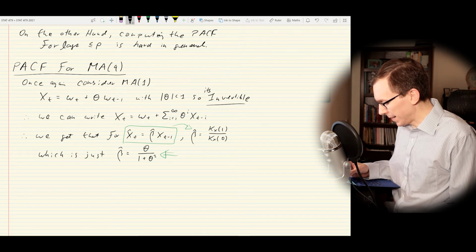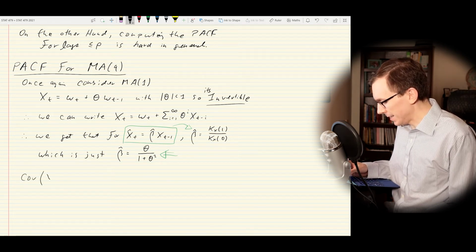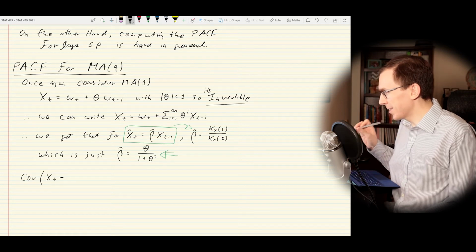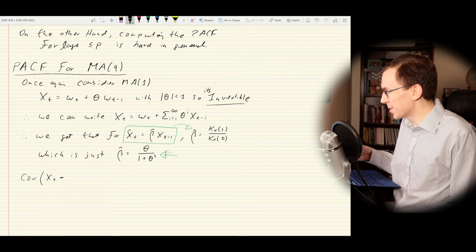Now if I compute the covariance between xt, I want the covariance because it's easier to work with than the correlation, and then we can always normalize at the end if we really want to.